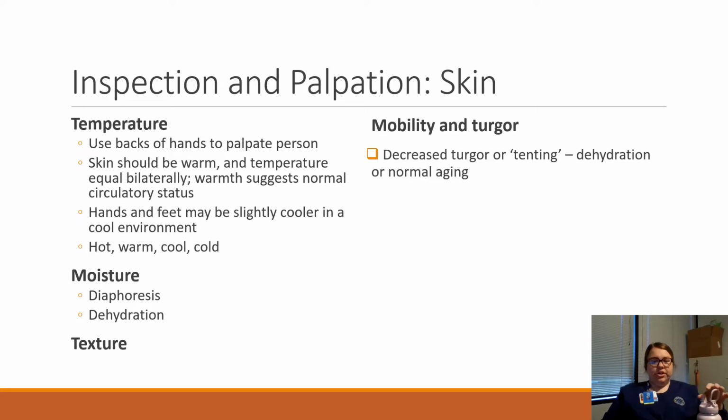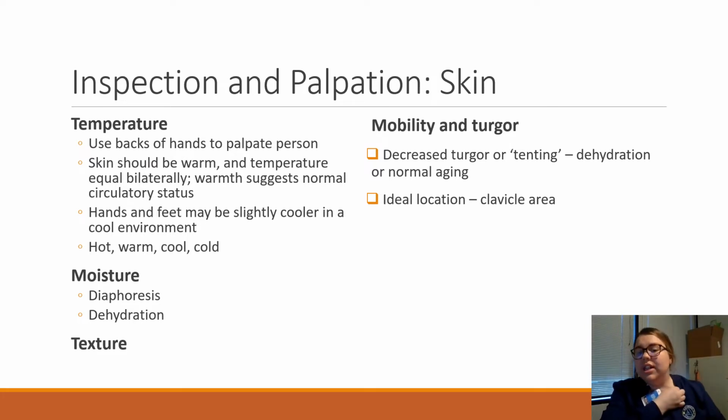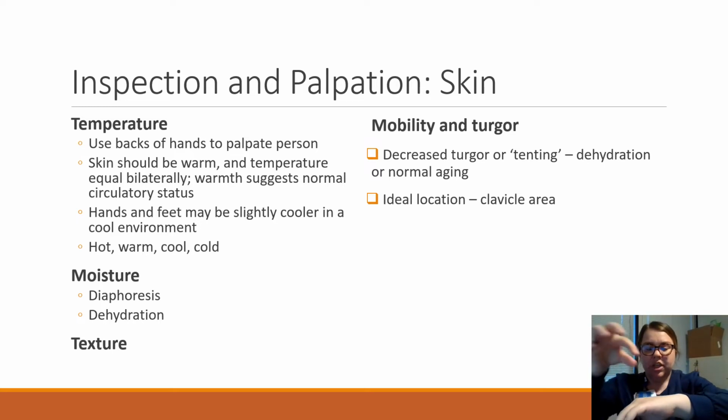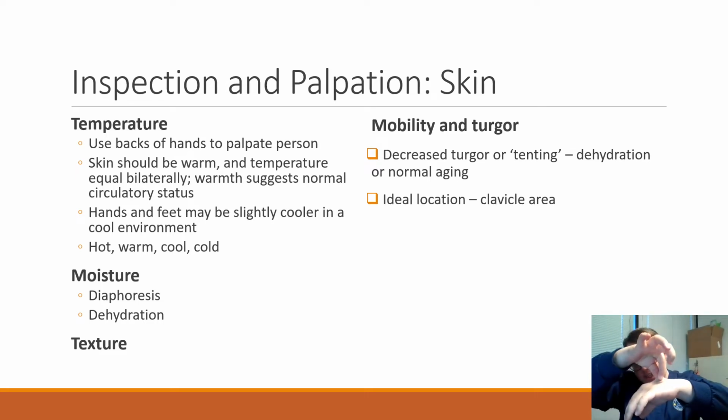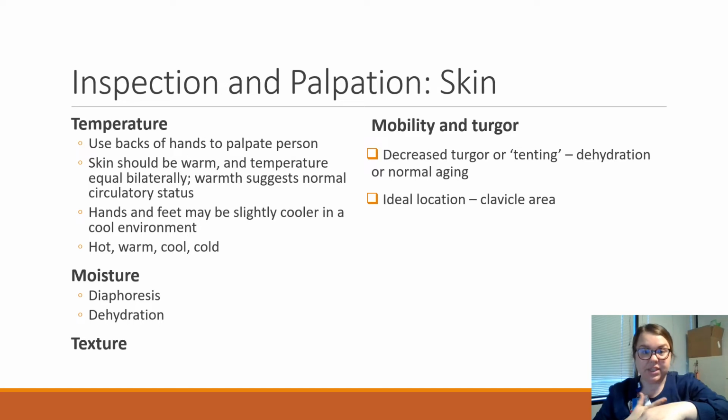Mobility and turgor. So decreased turgor or tenting could indicate dehydration or normal aging. So older adults, they can have tenting. So the ideal location is your clavicle area. All you do, and I'm going to show you on my hand again, is you pinch here, okay, so see how it kind of makes a little tent, but if I let go, I have good elasticity because I'm younger.